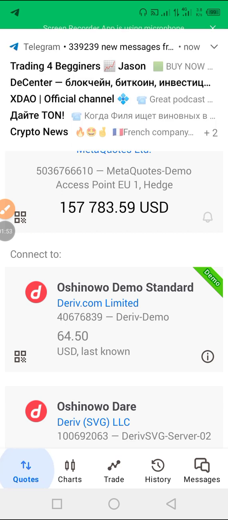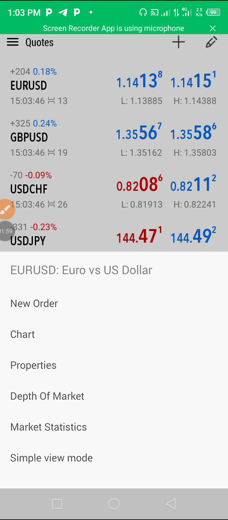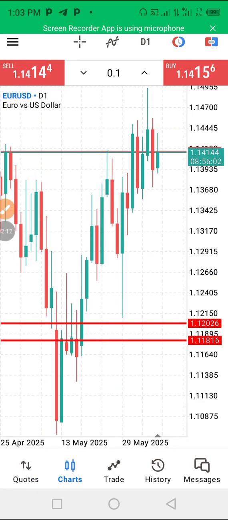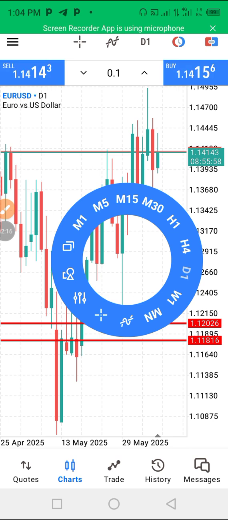Now we tap on the Euro USD. It brings new order, chart, properties, all of this. I will explain that. Then I told you we tap on charts, so it takes us to the chart for Euro USD.